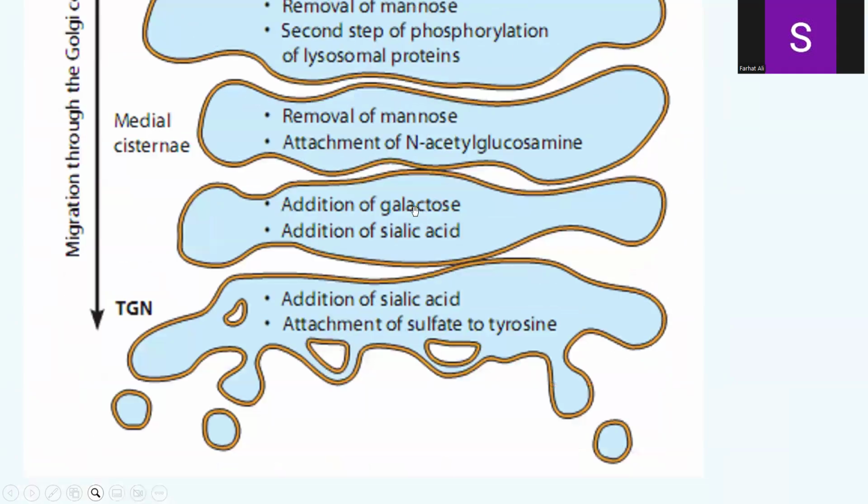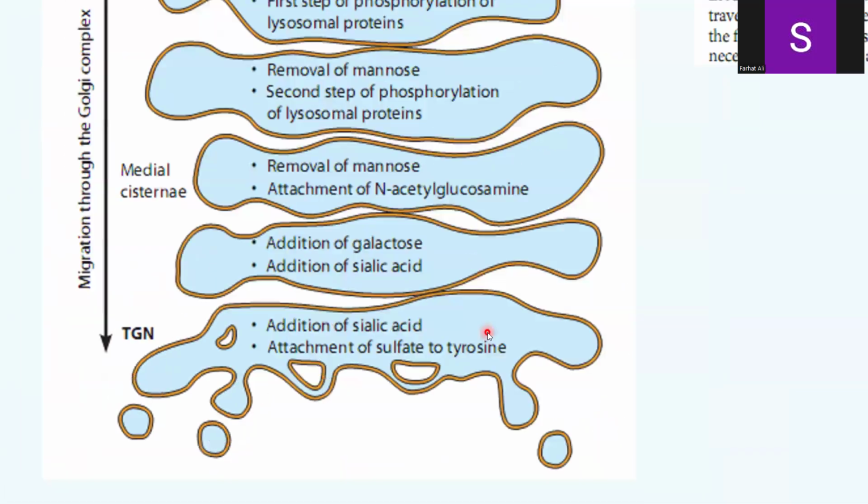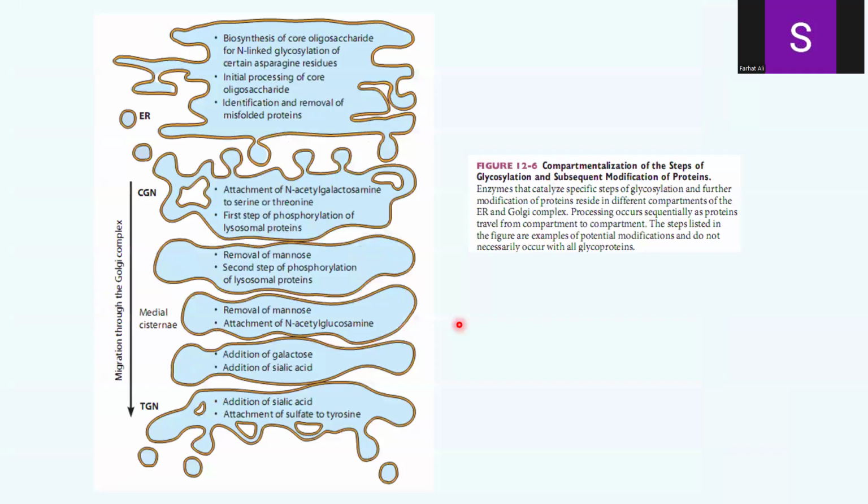Then further modification of the oligosaccharides is done, like attachment of galactose, sialic acid, and sulfates. All these modifications continue through the passage of the proteins through the Golgi. Eventually the modified proteins bud off as vesicles and are then transported to their destination.